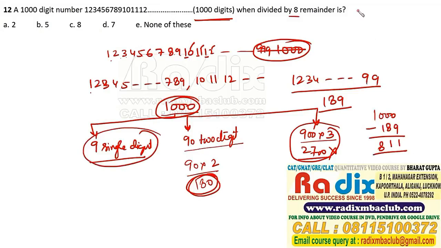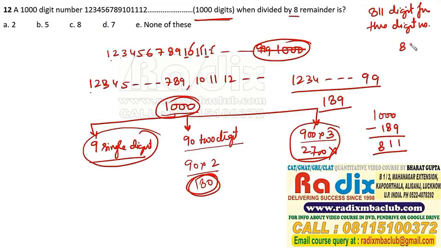So 811 digits from 3-digit numbers, and that calculation is very important. What we'll do, we will divide 811 by 3. 3 2 ja 6, 21, 3 7 ja 21, remaining 1, 3 0 ja 0, 1.